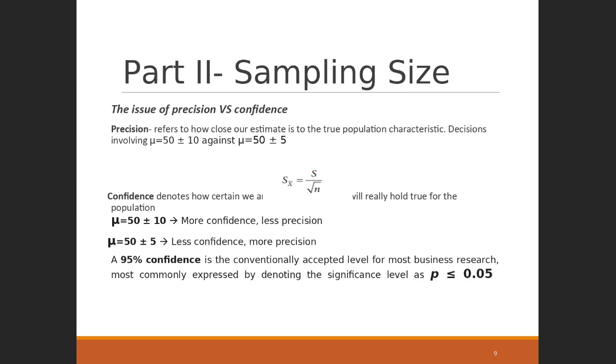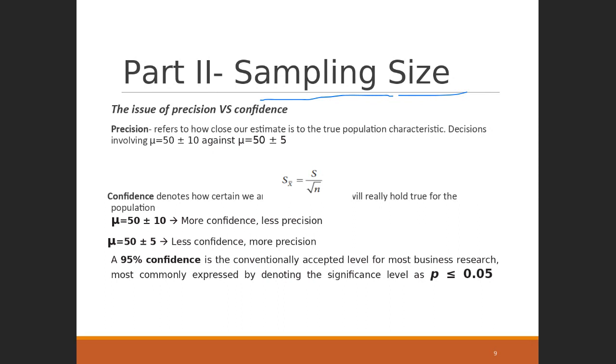Okay, so let me continue with our second section, which is about sample size. Again, a very important topic in your research project. As discussed in our last lecture, a reliable and valid sample should enable us to generalize the findings from the sample to the population under investigation.